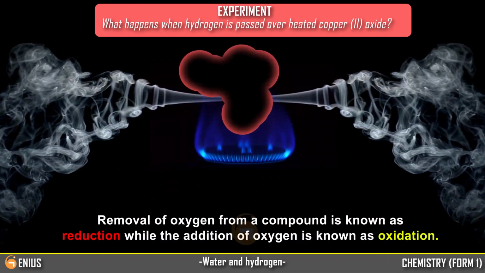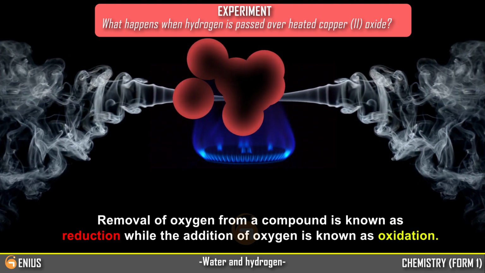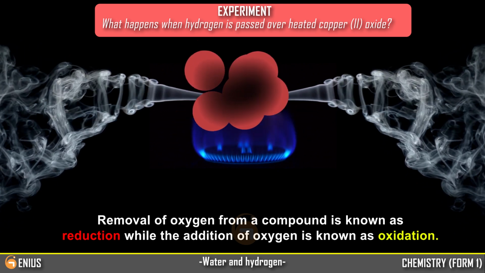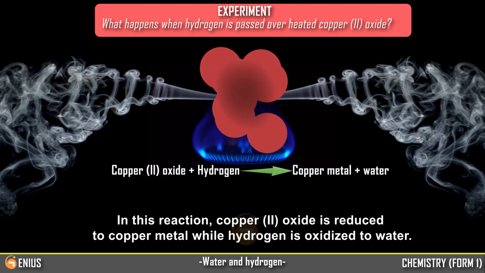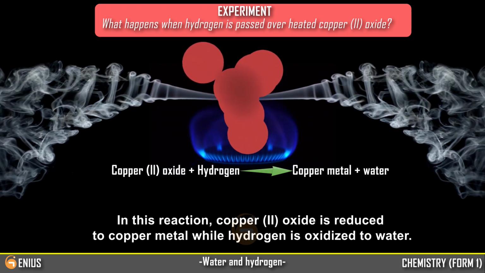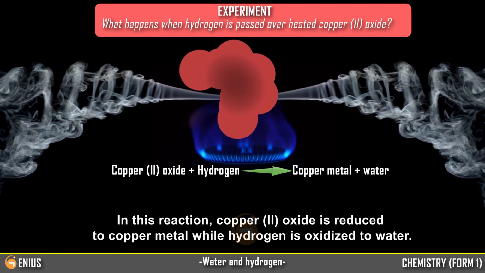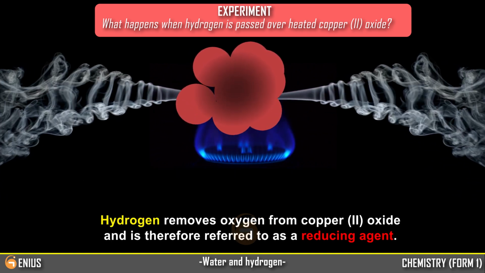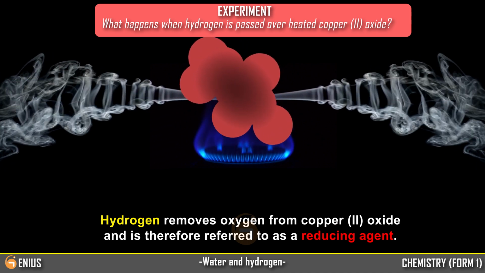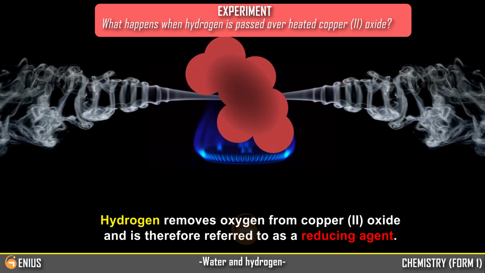Removal of oxygen from a compound is known as reduction, while the addition of oxygen is known as oxidation. In this reaction, copper(II) oxide is reduced to copper metal while hydrogen is oxidized to water. Hydrogen removes oxygen from copper(II) oxide and is therefore referred to as a reducing agent.